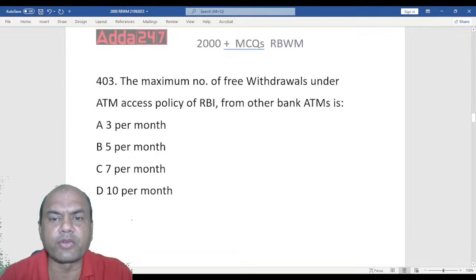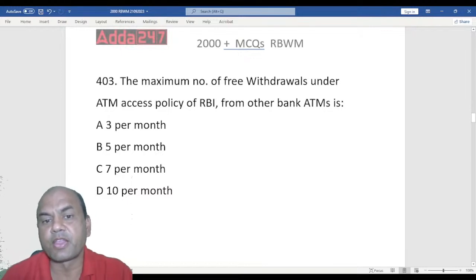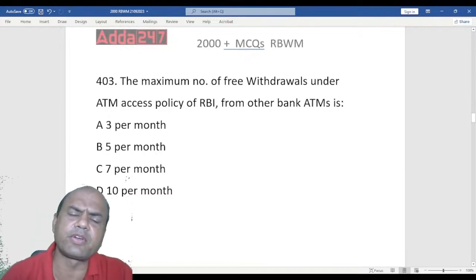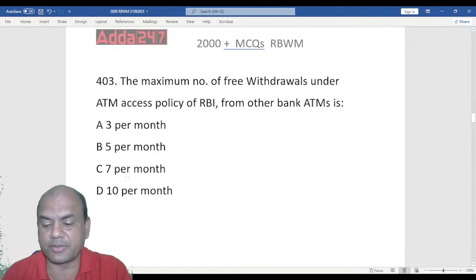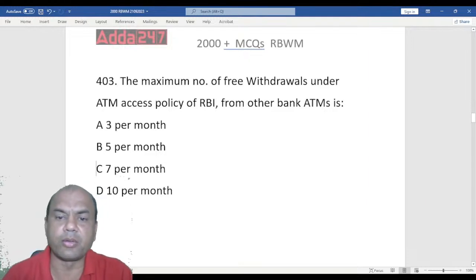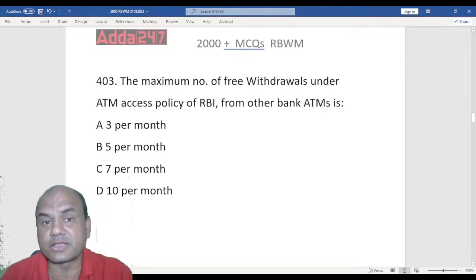The maximum number of free withdrawals under the ATM access policy from other ATMs is 3 per month, 5 per month, 7 per month, 10 per month. How many free withdrawals are allowed from other banks' ATMs?